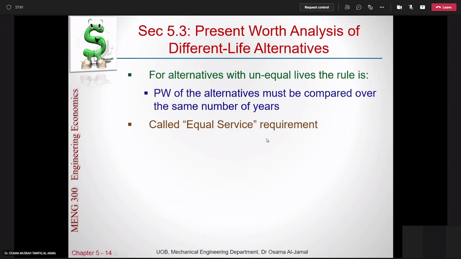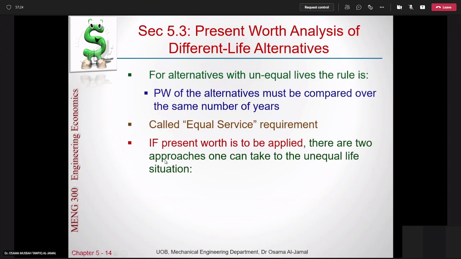And here, I need you to remember this. Equal service. What does equal service mean? Equal service, i.e. to have them of equal number of years, equal life. To make them of equal lives.